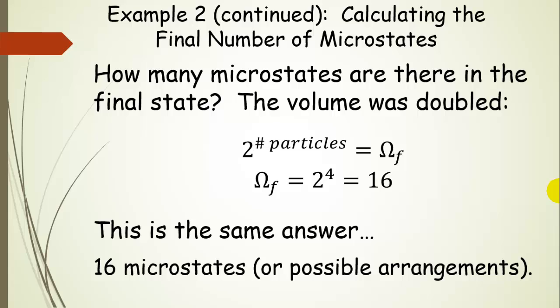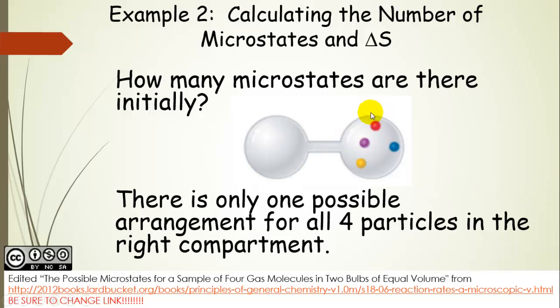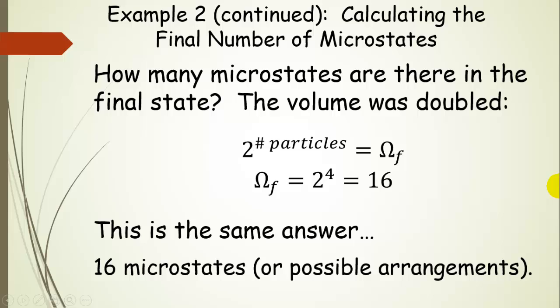Now, what about in the final state? Think about what happened to the volume. I'm going to flip back here. We started with all the particles in this volume. But now we're basically doubling the volume and allowing them to come over here too. The way that we can calculate this is to take what we did to the volume and raise it to the power of the number of particles that we are working with.